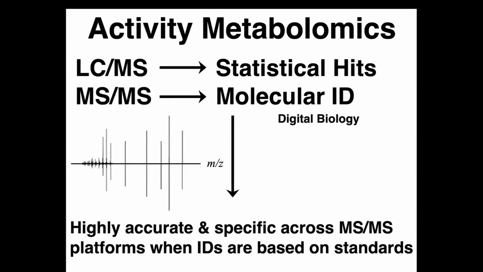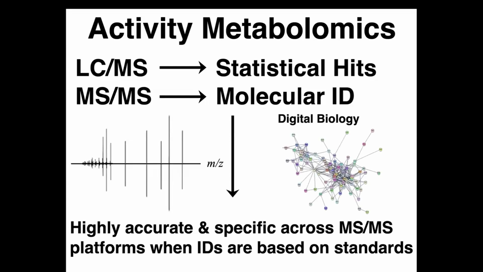So where does that leave us with respect to digital biology? Well, the reality of digital biology is that when you're looking at, let's assume this is a gene network, which it is, I got this from Cytoscape, each of these nodes represents known molecules, known genes.